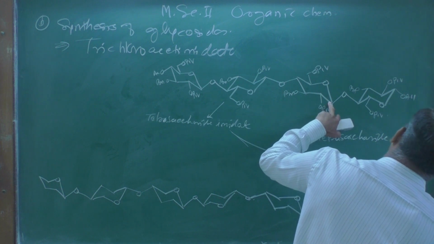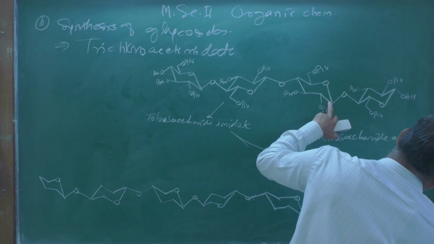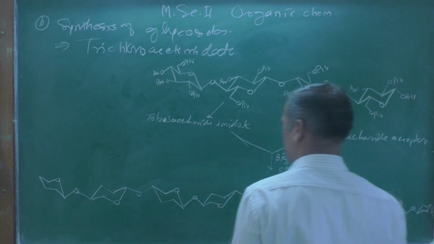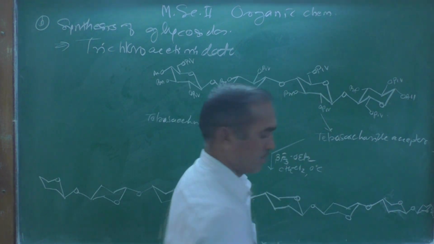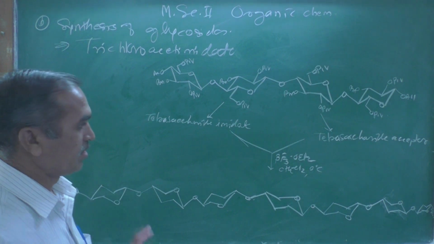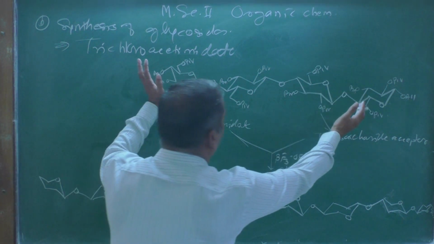This is the structure you are going to get. Then there are all these O: 1 2 3 4 5 6 7 and 8. This is the biggest structure, but you have to combine this.